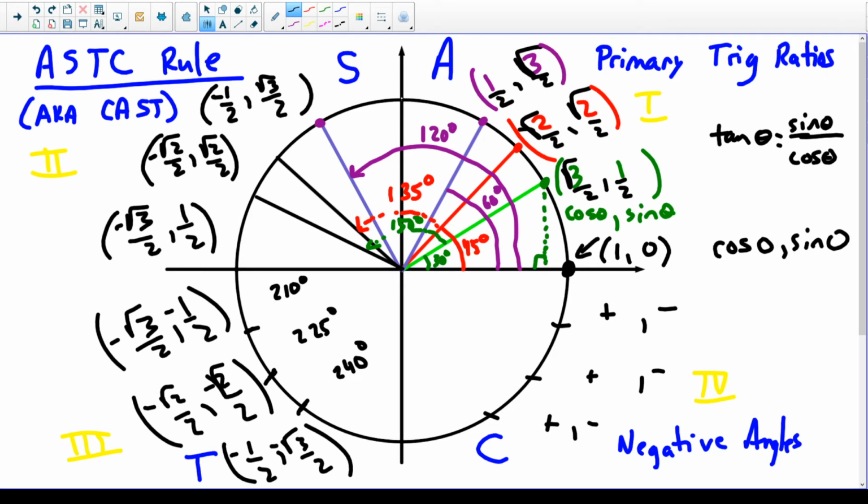Now, what would be the coordinate of this point up here? So that one's 0, 1. So that means you've got the cosine of 90, which is 0, and the sine of 90, which is 1.